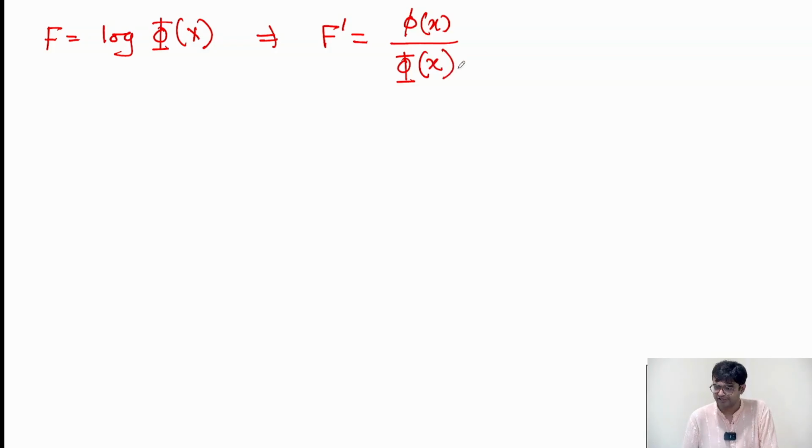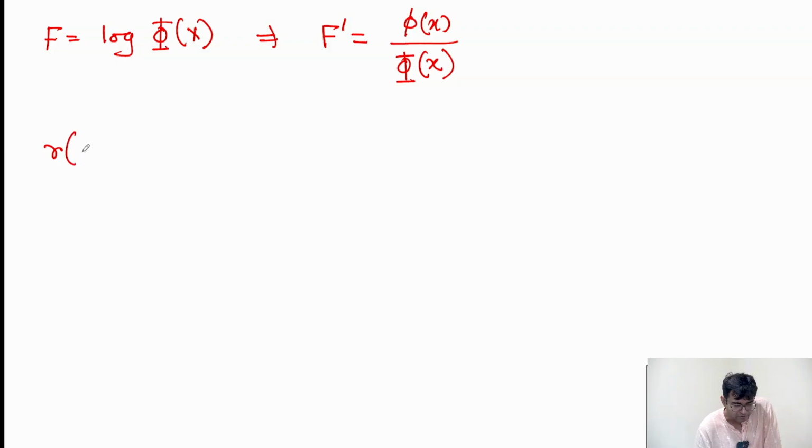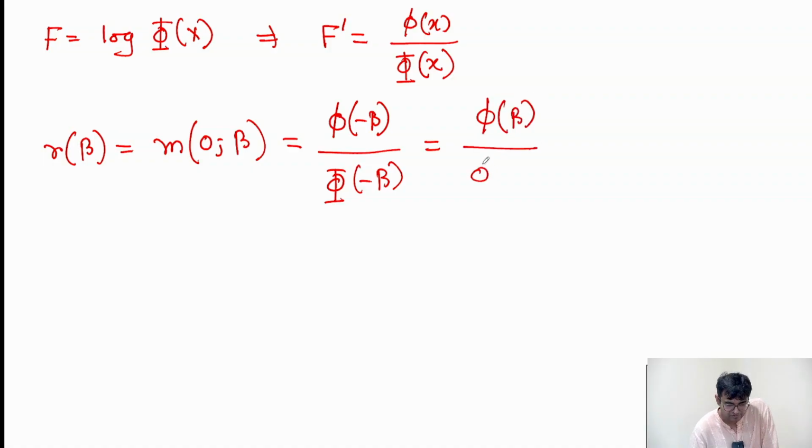And then we started representing the log ratio, and from there we arrived at a quantity known as R of beta, which was equal to phi of minus beta by capital phi of minus beta, which was equal to phi of beta by capital phi of minus beta.